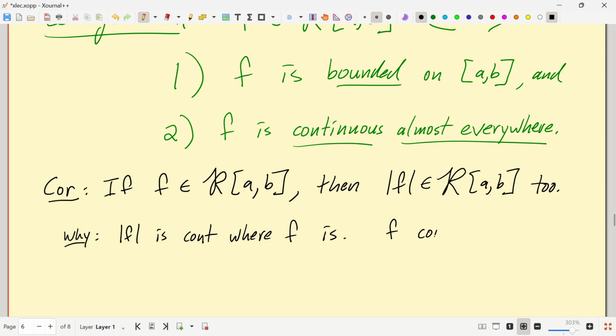And so Lebesgue's theorem would say the absolute value of f is integrable. Cheating. It makes absolutely no work.